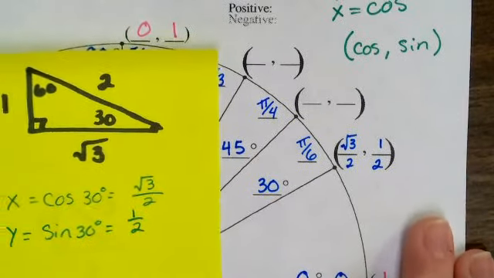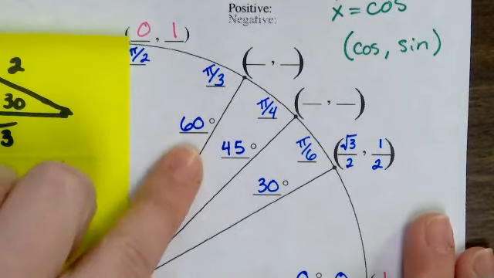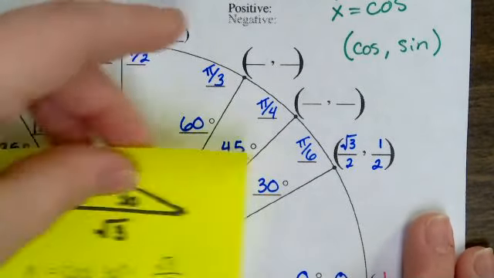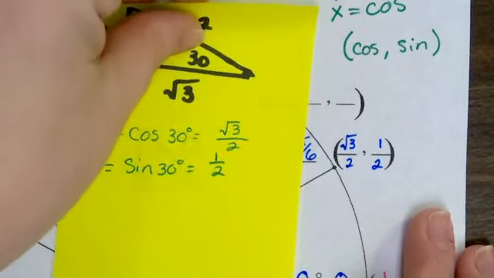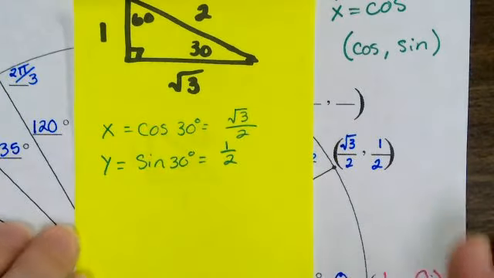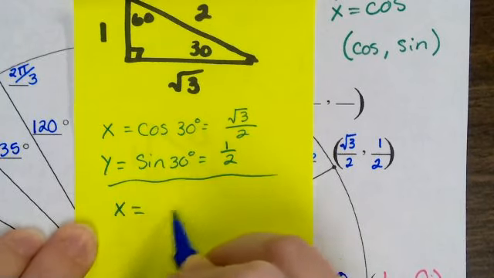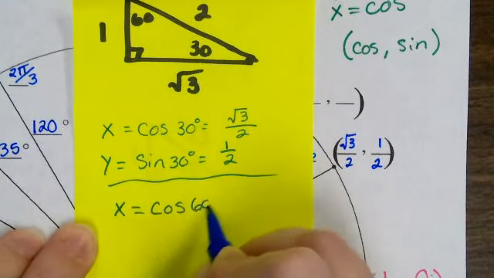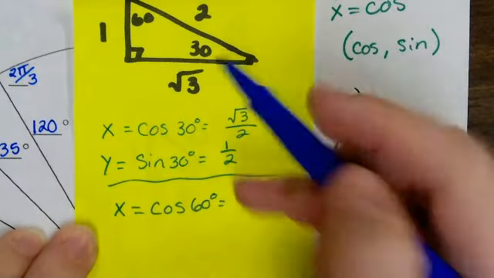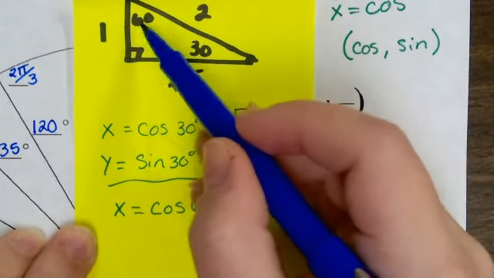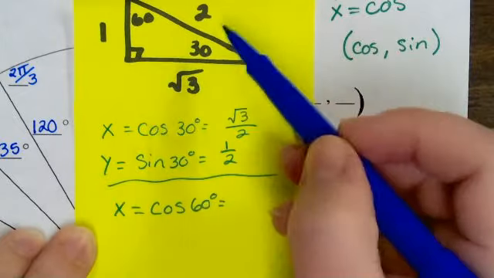All right, since the number 60 comes from that same triangle, I'm going to go ahead and deal with that one, and then we'll deal with the 45s. So for my 60 degree angle, x is cosine of 60 degrees. Cosine of 60, we're looking from this angle: adjacent is 1 over hypotenuse 2.